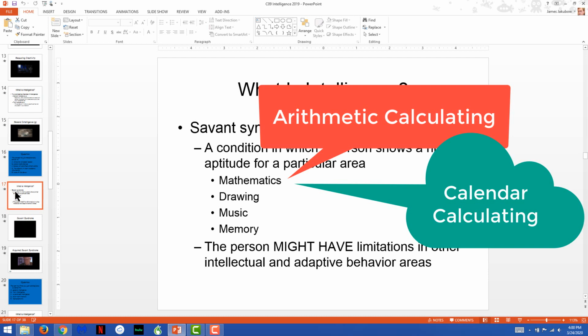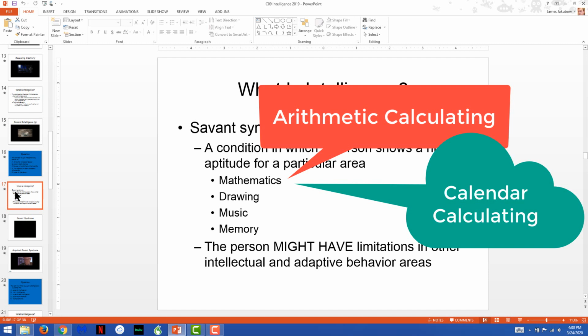That's actually something you can check because, of course, calendars repeat themselves, and there are computer programs that will automatically give you that information. These individuals just can give you the answer automatically. And certainly being able to check their ability to do calendar calculating and arithmetic calculating are things that are related to tests in which you can verify the skill itself. And that's very important in this scenario.